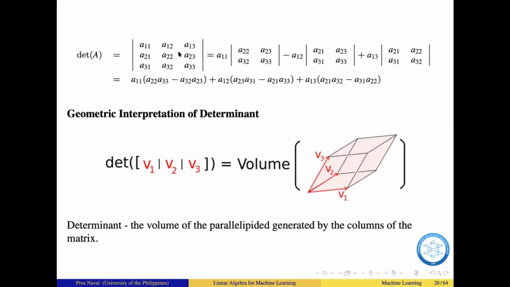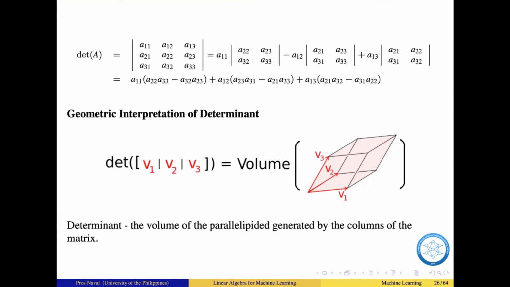This procedure is general, but it becomes very inefficient when we have larger matrices. Later on, we will learn matrix decomposition methods that will give us a determinant for much larger matrices with little effort compared to this Laplace expansion technique.